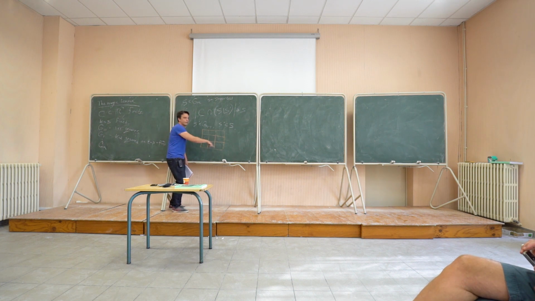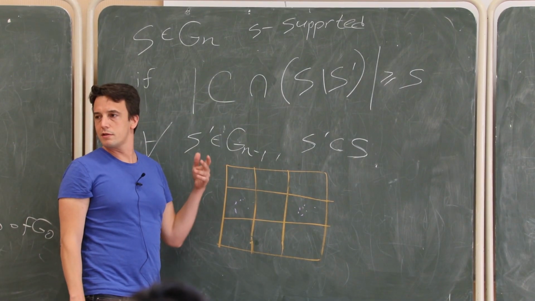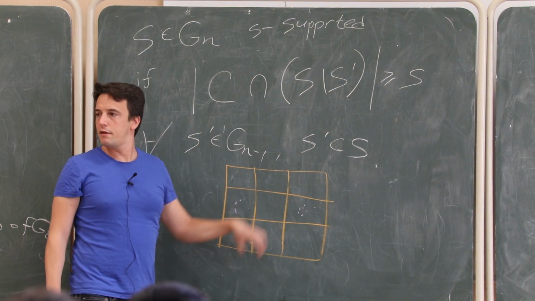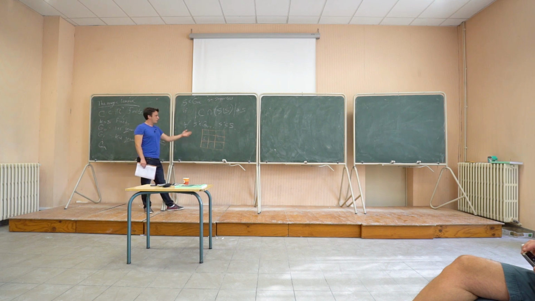Perhaps I have 9 squares, and if in each of them I put S over 2, this also works, because 9 times S over 2 is bigger than S, and if I remove anything else, I remain with at least 8 times S over 2, which is at least S. In fact, even S over 4 would work for this. So this was an S-supported square.